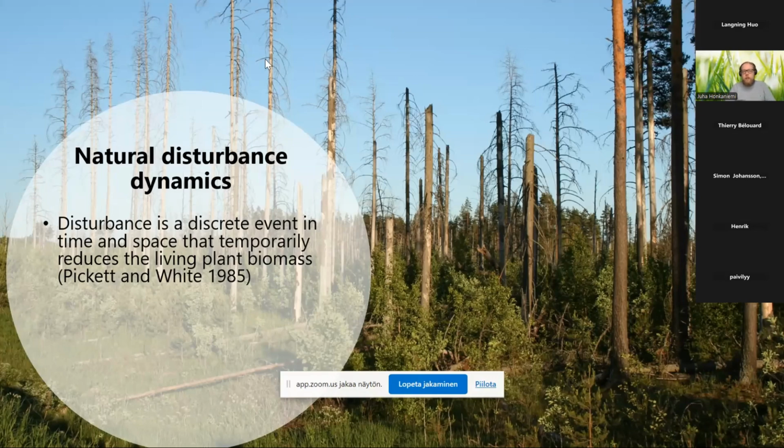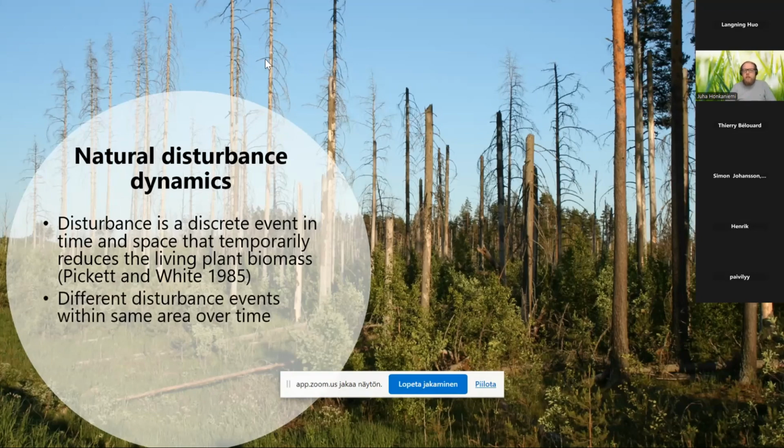It's a forest fire from the 1990s in southern Finland in a conservation area. You can see that the old tree generation was almost completely burned, reducing the living plant biomass. But that's just temporary, the biomass has been reduced only temporarily, and a new tree generation is already growing.